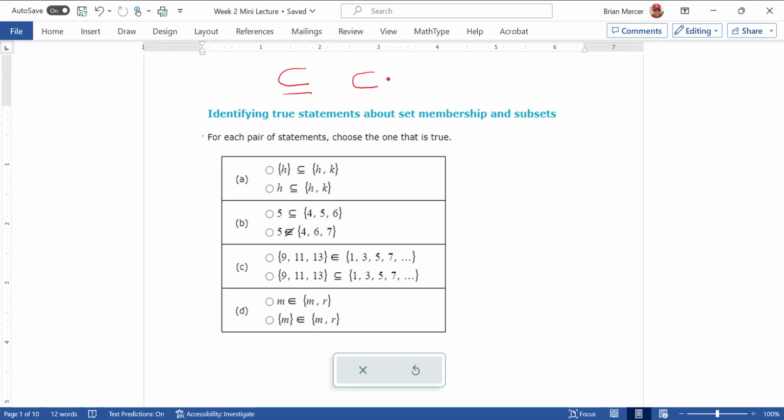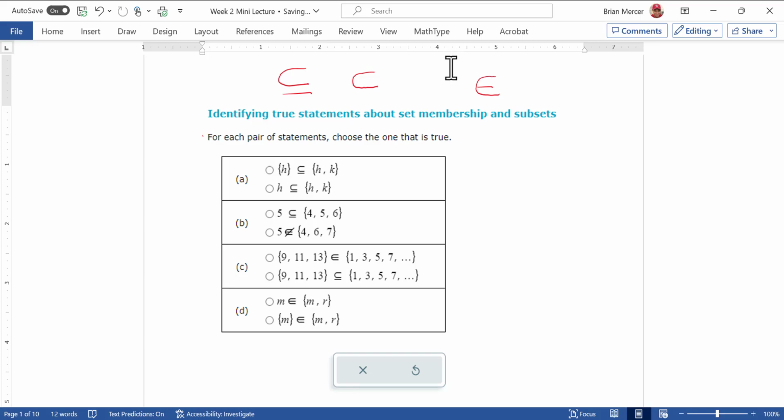And that is when you're talking about sets, so one set compared to another set. And then when we use this funny shaped E, that's talking about when an element is a member of a set.